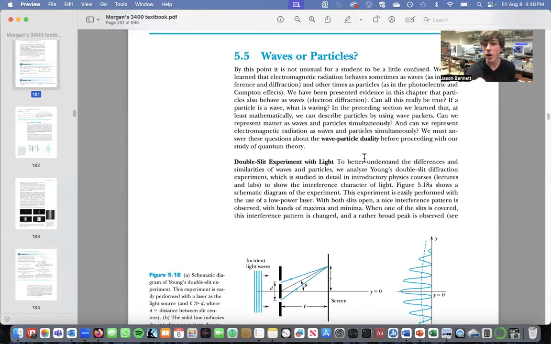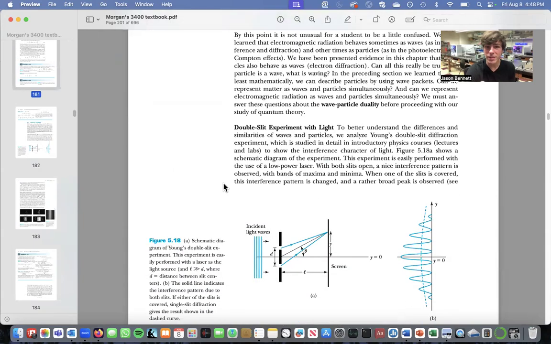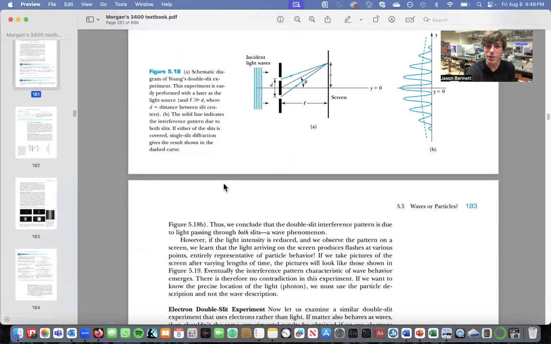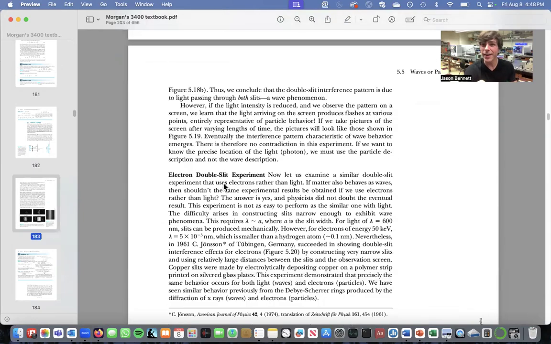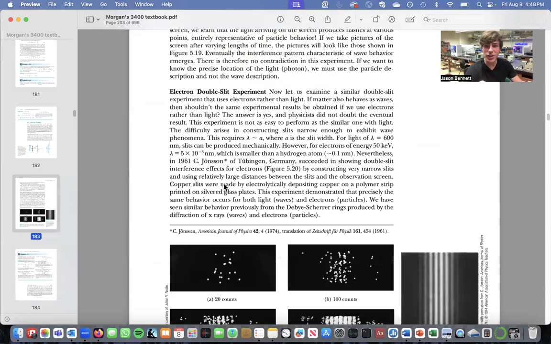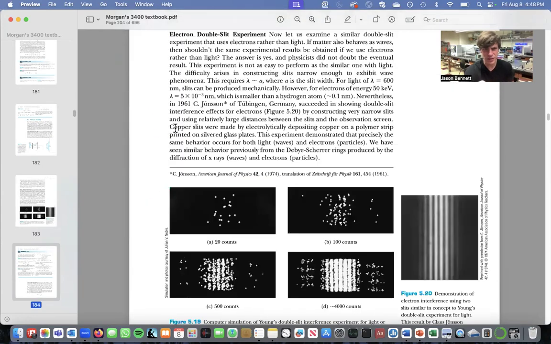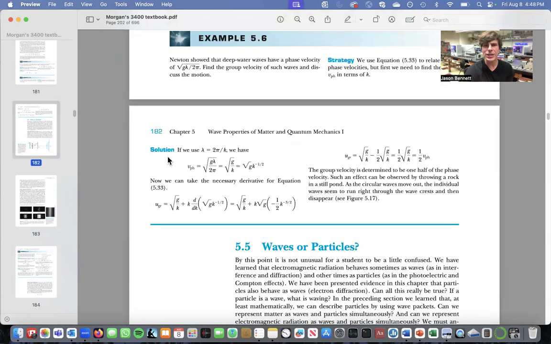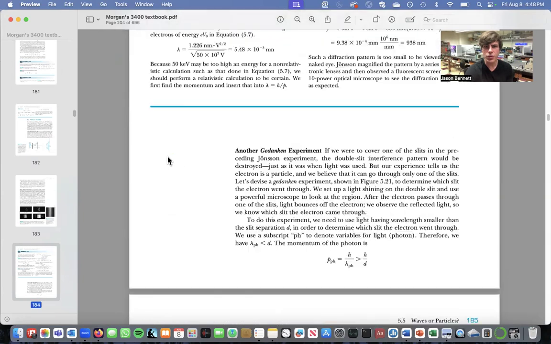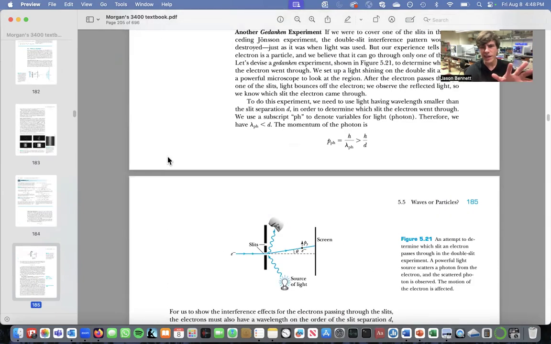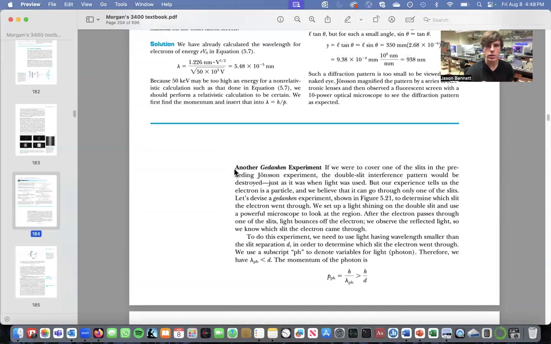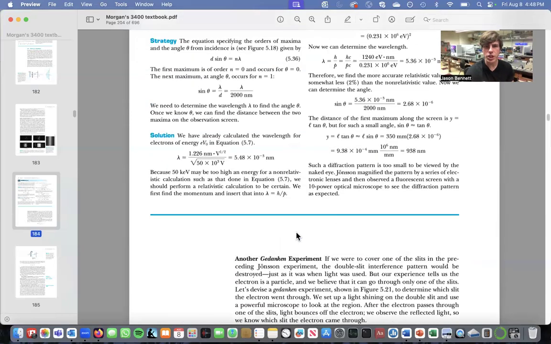Here it is, very, very small. The double slit experiment takes up just a few pages. Modern physics assumes that as something that you touched on in introductory physics. So just for everyone's reference, this is page 182 in chapter 5 to 184-ish. I believe the end of this example is pretty much it.